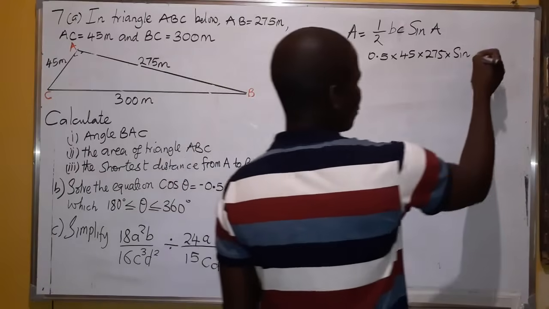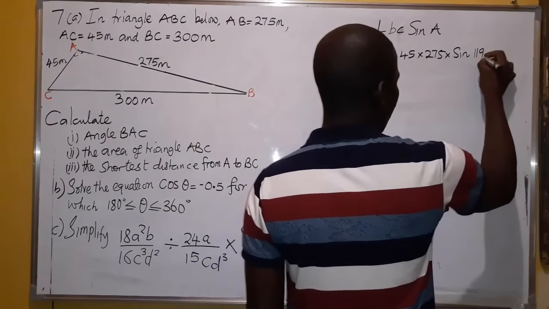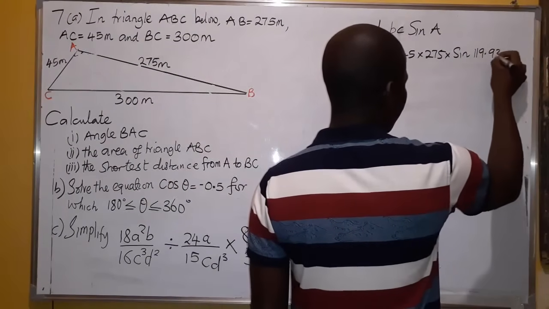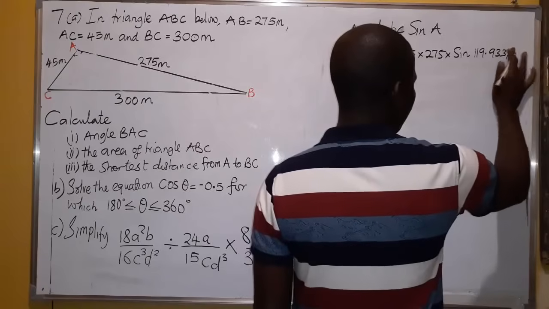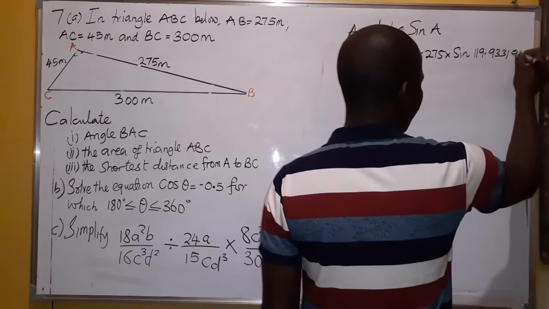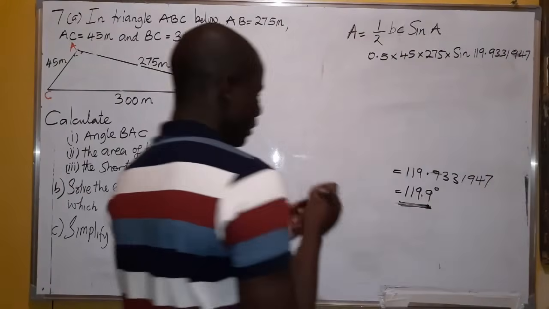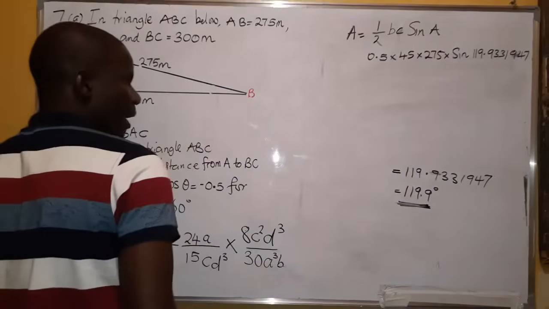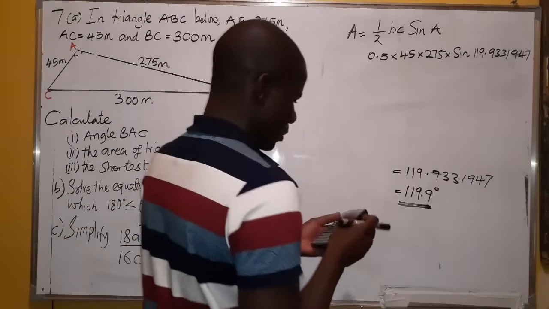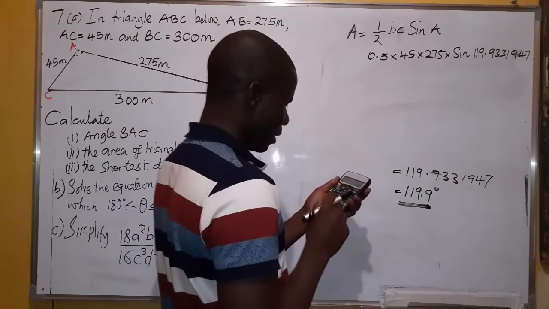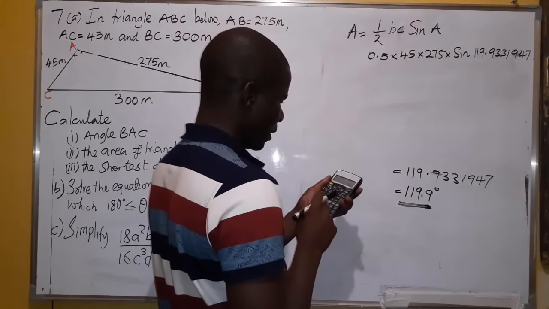So we have 119.9331947. Having done that, the rest of the work, the calculator is going to do.